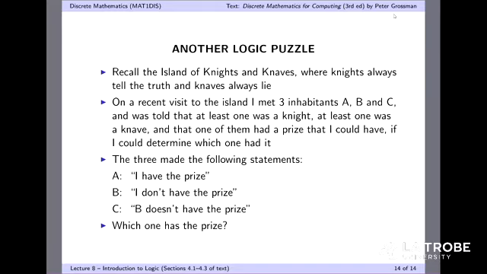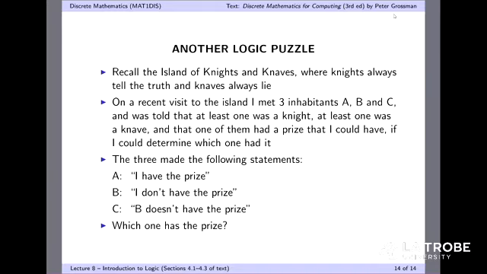Meaning I would say C has the prize. B and C are disagreeing with each other, which means one of them has to be a knight and the other has to be a knave. B and C aren't disagreeing with each other. They're agreeing with each other. Then they either have to be both knights or both knaves, which means A has to be the knave. Okay, A does have to be a knave. I worked it out before.